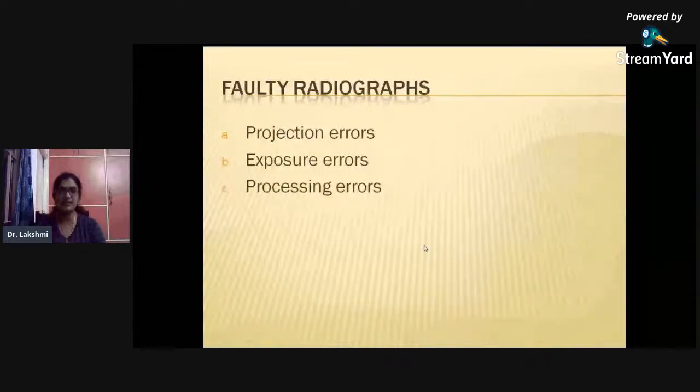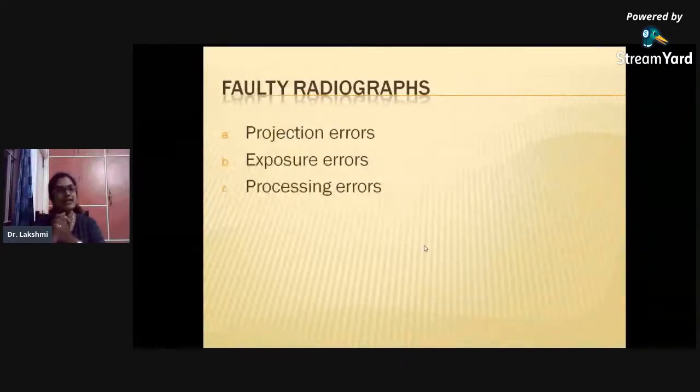For example, we are placing a radiograph along with a positioning device. We are using our knowledge about the projection geometry, the vertical and horizontal angulation, and then we are focusing the cone and shooting an X-ray.